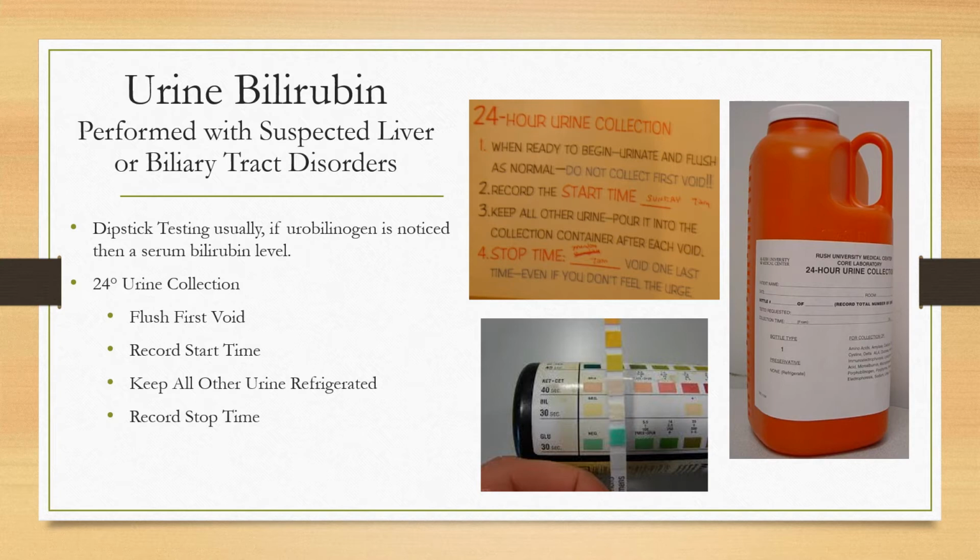So I already mentioned that: cirrhosis, hepatitis, obstruction of the bile duct, which is causing bilirubin to back up into the bloodstream, or hemolysis, or what's called hemolytic anemia, where the red blood cells are rapidly breaking down in the blood and releasing their heme groups, which turns into bilirubin, causing jaundice. Okay, so that's all I'm going to say on this, and we'll move on to the next slide.